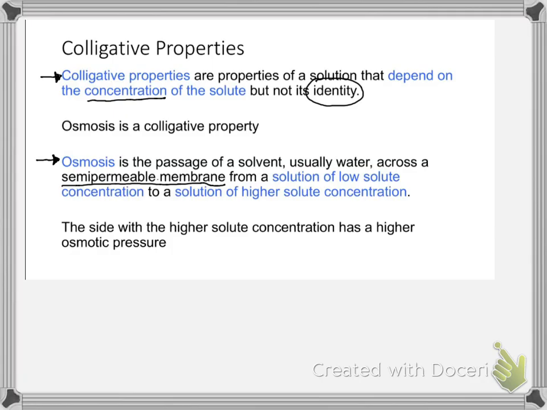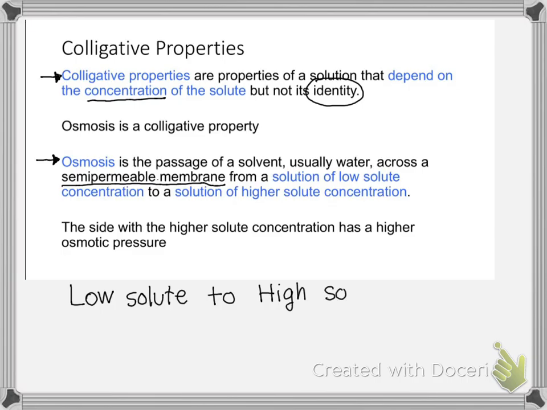In biological systems, when they're describing osmosis, they often talk about the concentration of the water. But in chemistry, water is the solvent. We're going to be talking about the concentration of the particles in the water, the solute. And for our situation, the water is going to move from low solute concentration to high solute concentration.